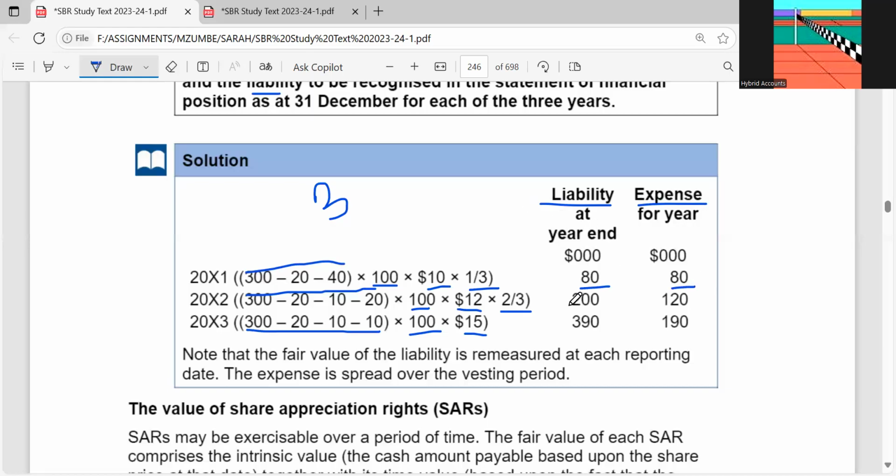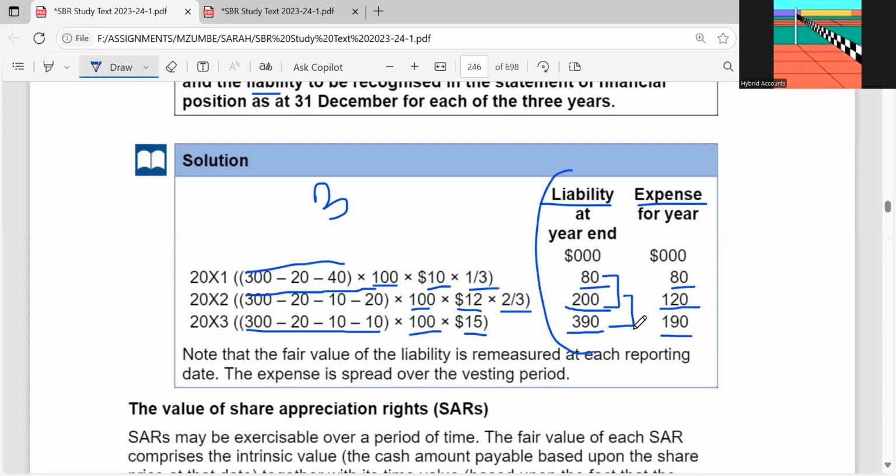For year 2, I would have a liability of 200. You know, the statement of financial position combines everything in the previous years. So that's why you take this 200 minus 80 to get 120, which should be the expense for year 2. And for year 3, you have the liability 390. You deduct the previous liability 200 to get 190, which should be the expense for year 3, right?